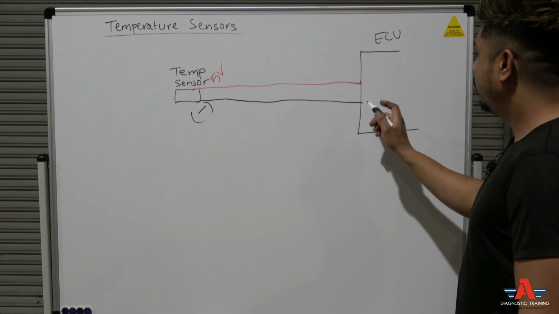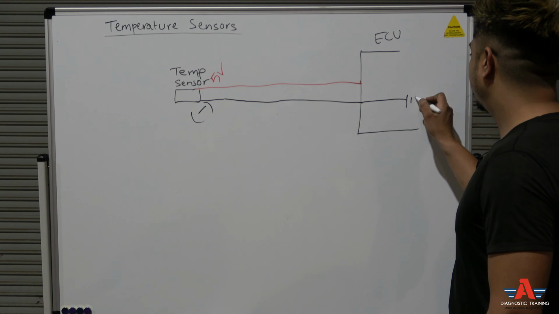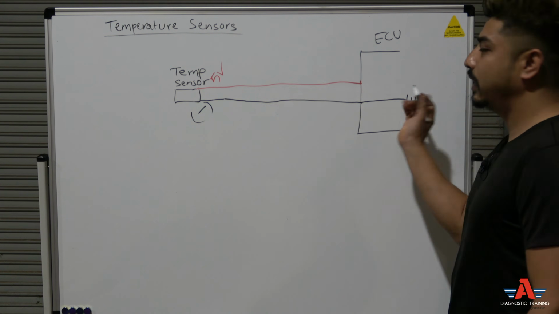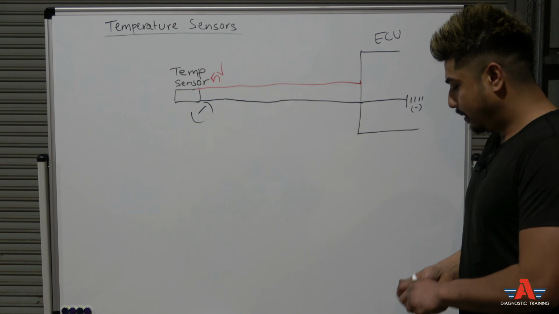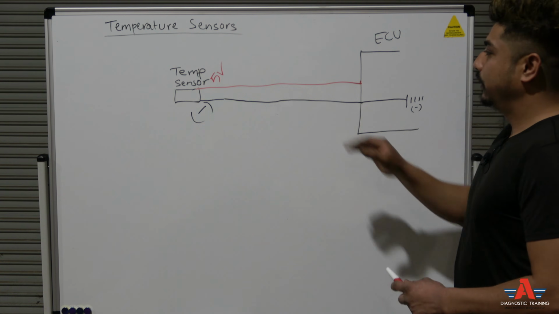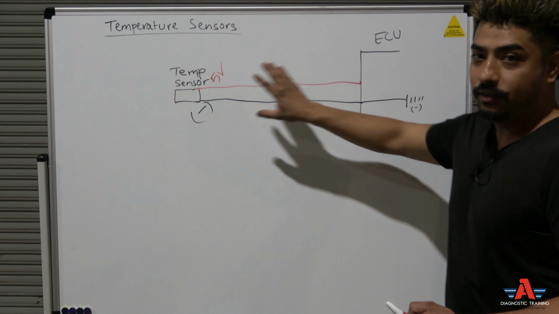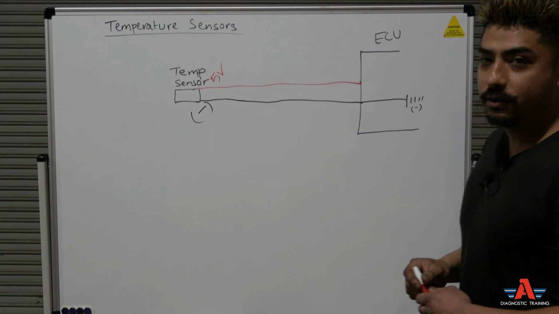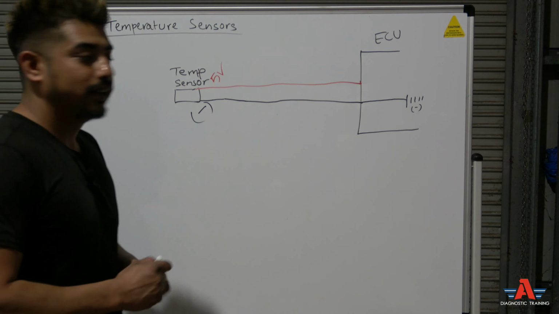Okay, now let's talk about this ground wire. The earth wire, what's going to happen inside the ECU? It's going to ground it. It's going to come from inside the ground. Okay, this is a negative source. Now that's pretty simple. On the red wire here, the 5 volt wire, let's say we call it a reference voltage, right?